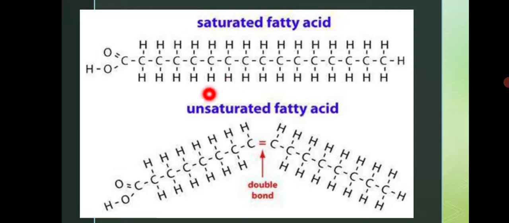Saturated fatty acid contains complete single bonds, means carbons are attached together with the single bond. But in unsaturated fatty acids, carbons are attached by double bond. That is the major difference. ठीक है, सैचुरेटेड फैटी एसिड में कार्बन सिंगल बॉन्ड है और अनसैचुरेटेड फैटी एसिड्स में कार्बन डबल बॉन्ड है.